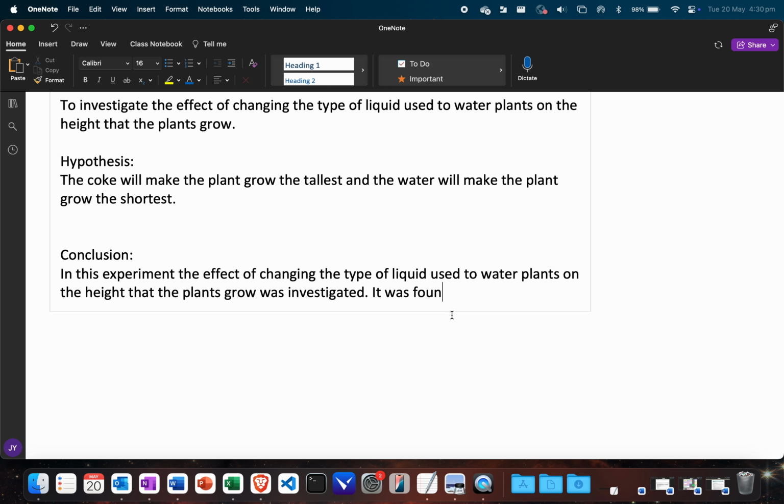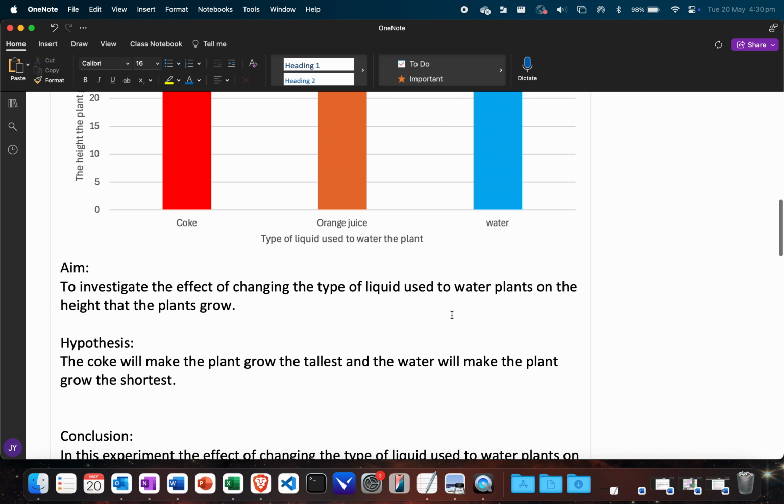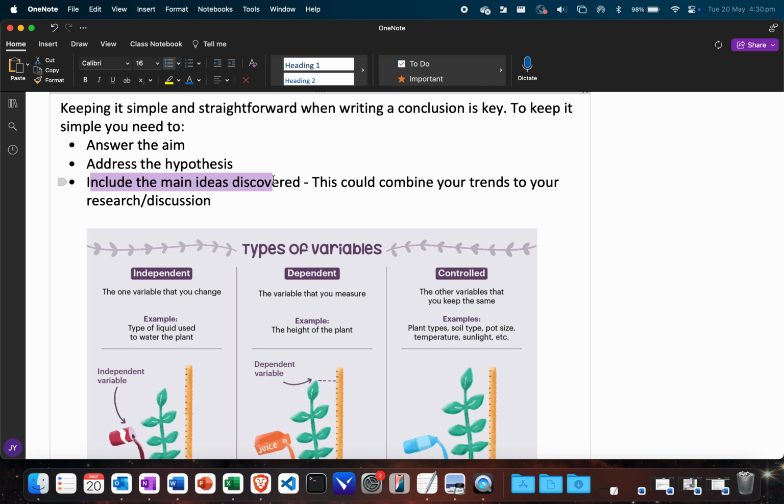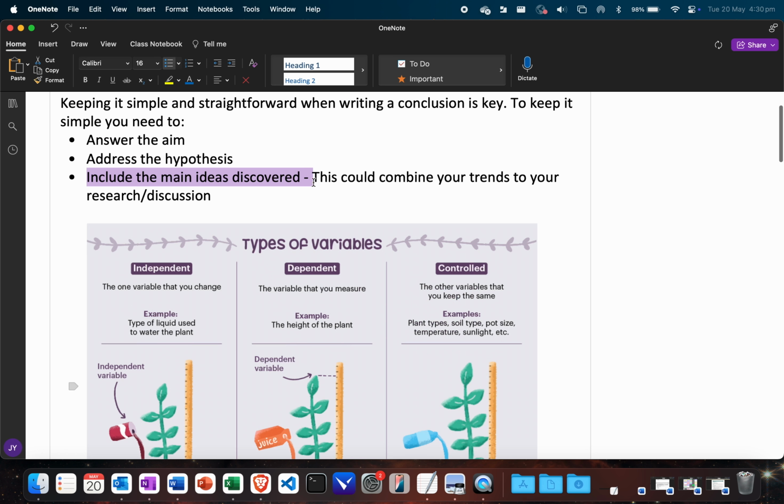Okay, it was found. What did I find out? Okay, we're going to talk about the main ideas. I'll come back to the hypothesis in a little bit. So include the main ideas.